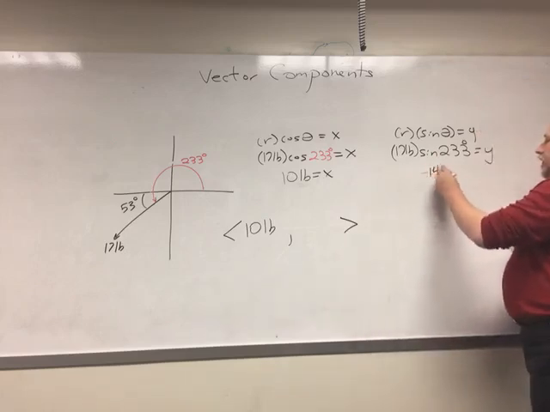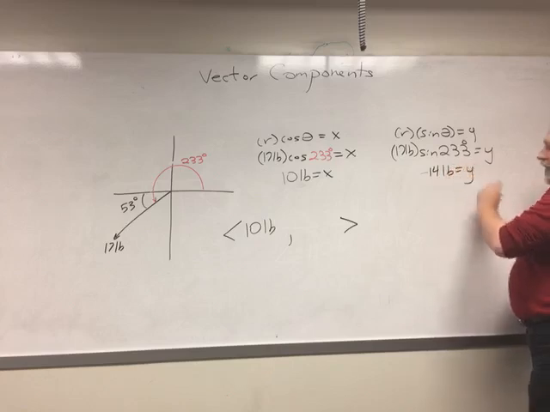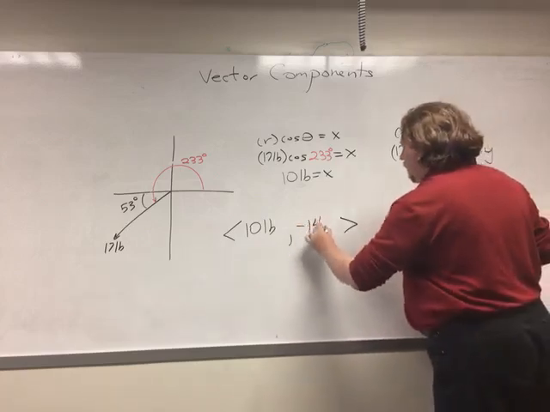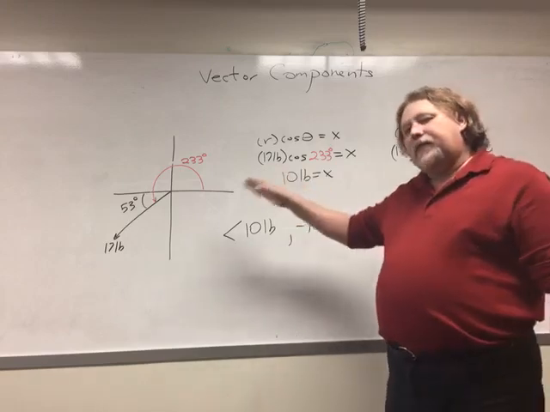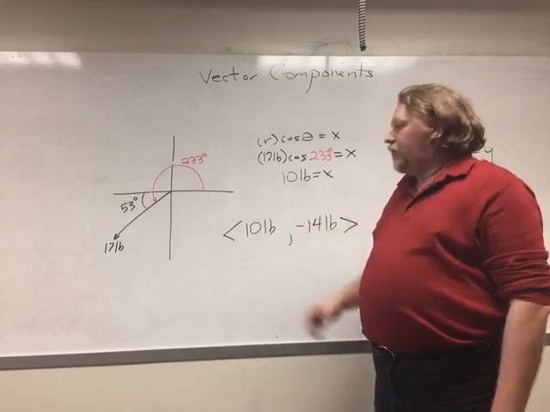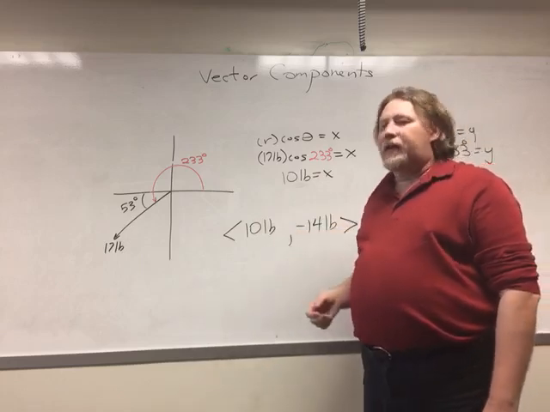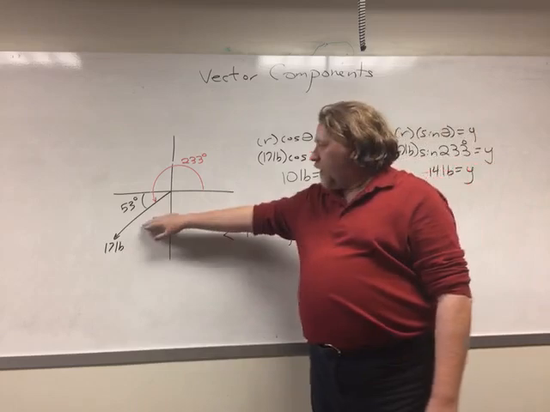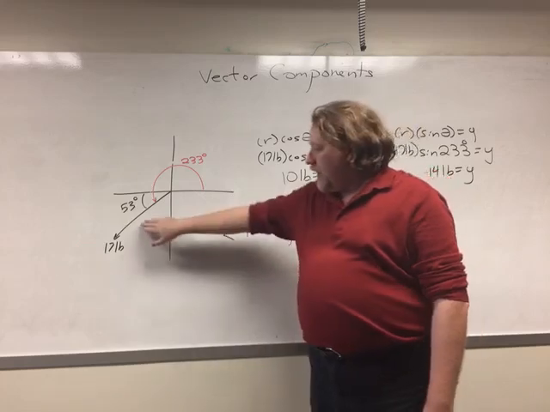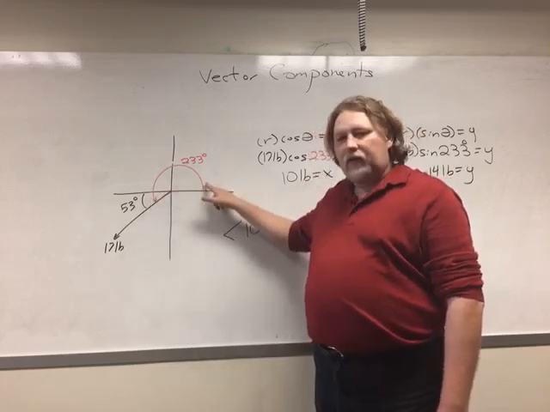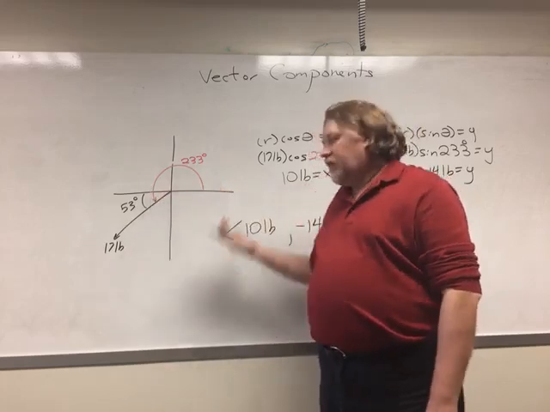Negative 14 pounds is the y component. So as long as you're careful about keeping an eye on your angles, the rest of this is really pretty darn easy. It's just radius times the cosine of the angle to give you the x component. It's radius times the sine of the angle to give you the y component. And that's all there is.